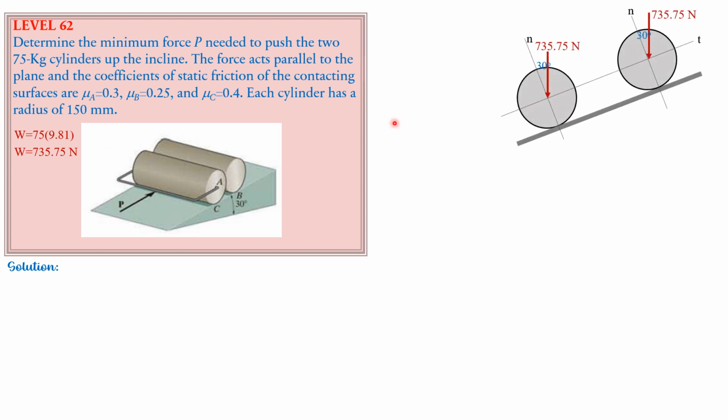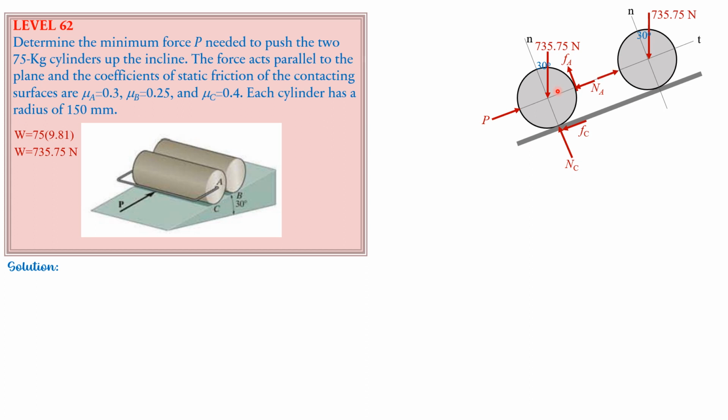Then for the free body diagram of each cylinder, for the lower part, let's have the force P applied, then normal reaction NC, then the normal reaction between cylinder A and the upper cylinder, friction, which is going down at C, then normal reaction NA, friction, which is upward, so that the moments of FC and FA will be opposing about the center to prevent the rotation of the cylinder also.